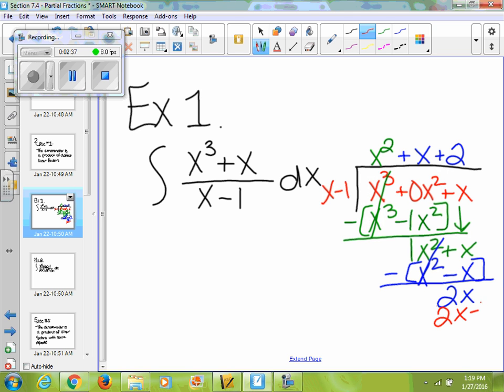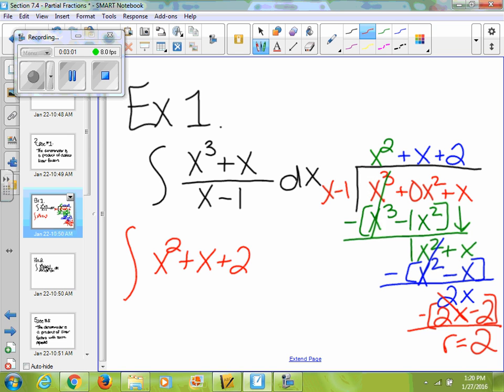Negative 1 times 2 is minus 2. Minus a negative becomes a positive 2, and so that is my remainder. If I rewrite what I have: x squared plus x plus 2, and a remainder of 2, so plus 2 divided by my denominator x minus 1.